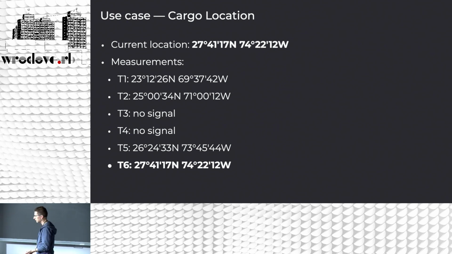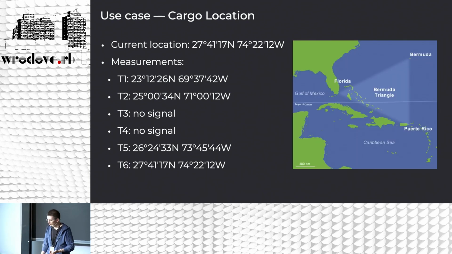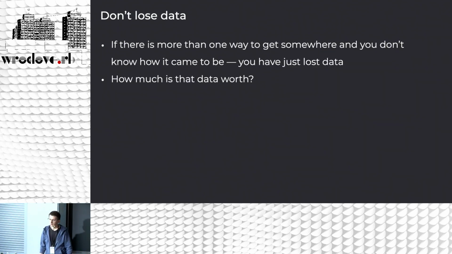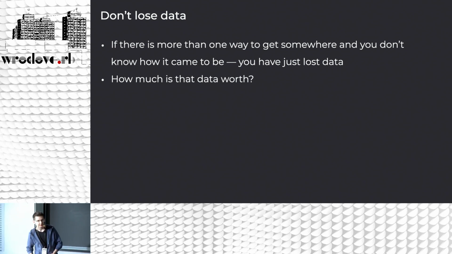We reach the final destination. And when it happens once, we really shouldn't care, maybe. But if we don't store all the measurement events, then we miss something. Maybe we miss that on that path, all our ships go through the Bermuda Triangle. So the thing is, don't lose data if you don't have to.